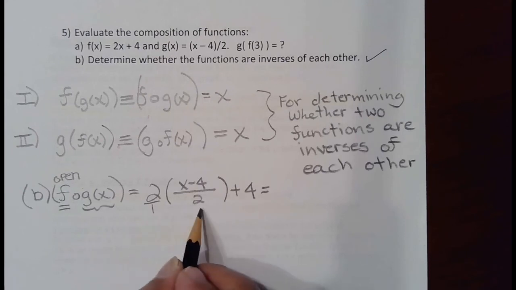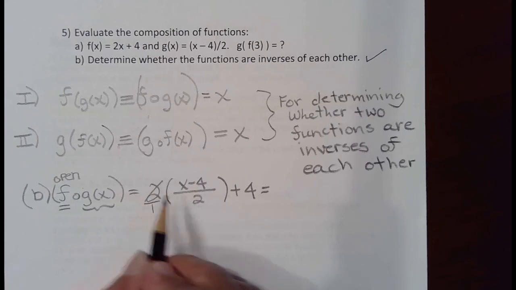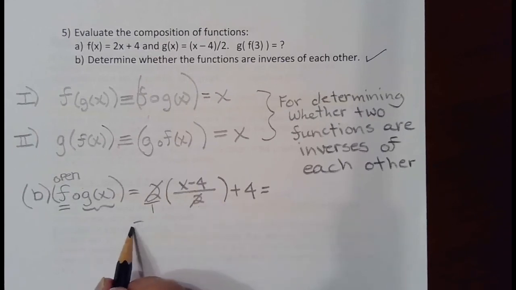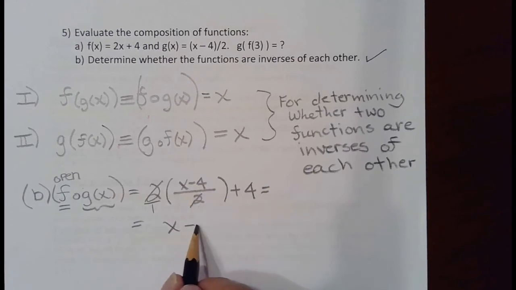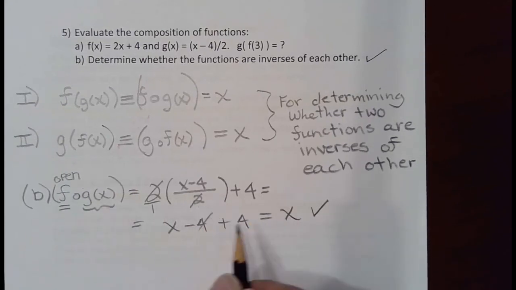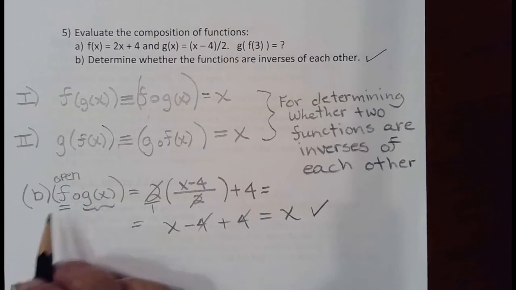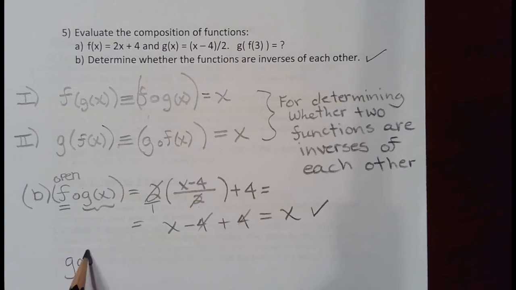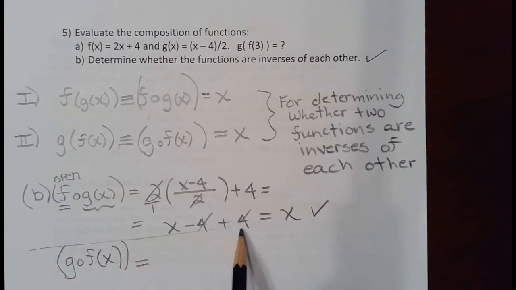We're going to open up always the outer function, not the inner function. So the outer function is g of x, which is (x minus 4) over 2. And in this blank spot, a little bit bigger, I'm going to plug in the innermost function, which is f of x. So f of x is 2x plus 4.